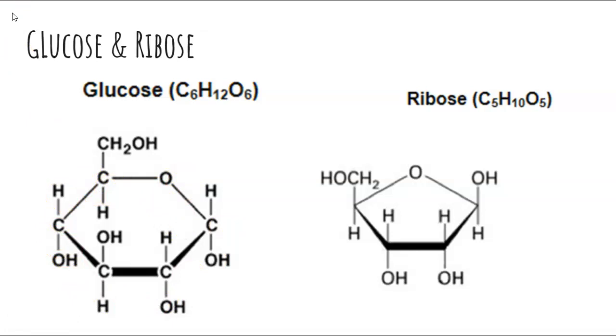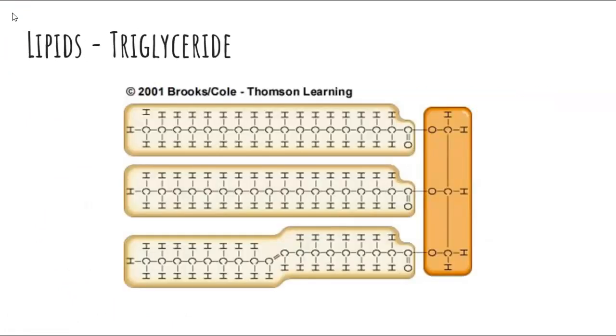Again, IB does require you to know the basic structure of a lipid. This is a triglyceride, tri meaning there are 3 legs here. You should be able to identify, maybe not draw out, a lipid if seen in a picture.